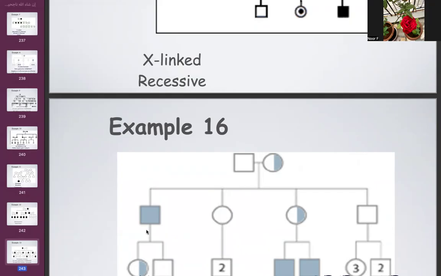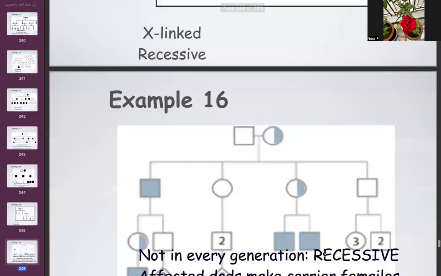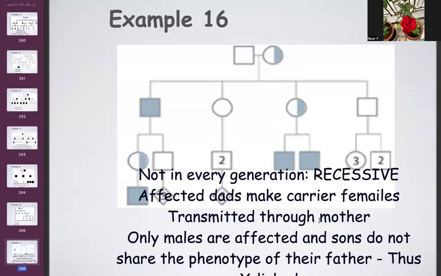The female is a carrier, then again only males are affected, which means X-linked recessive. Not every generation is affected.